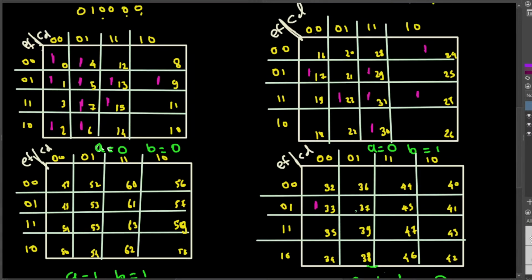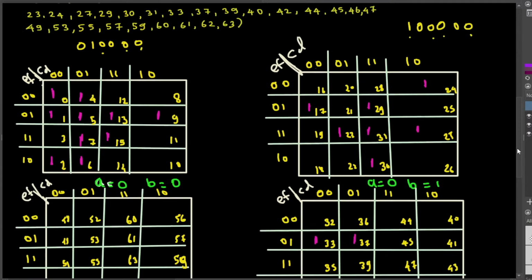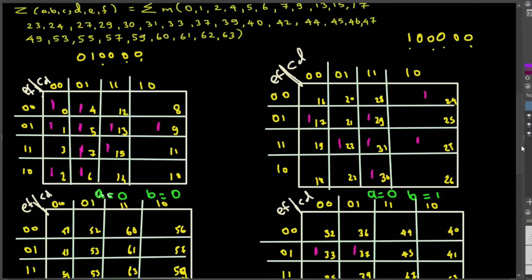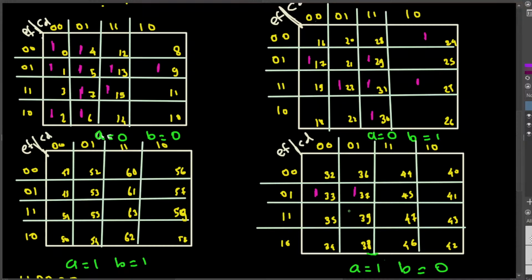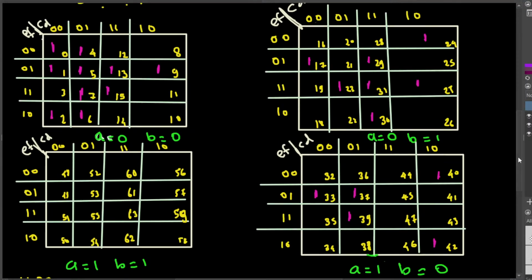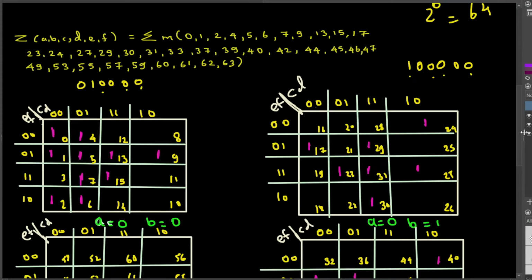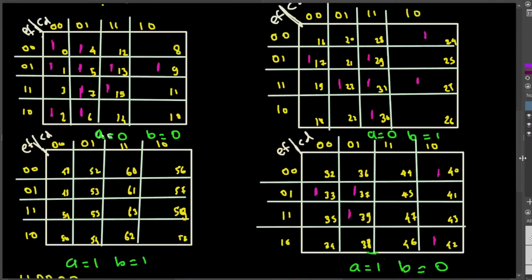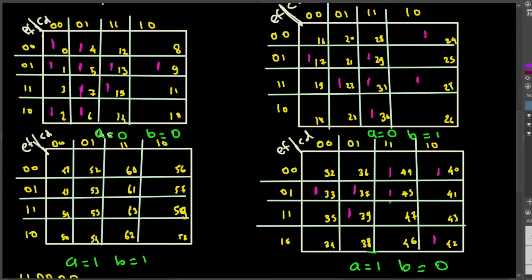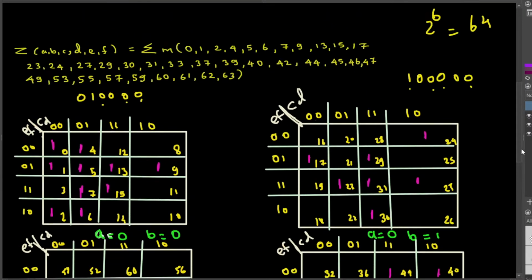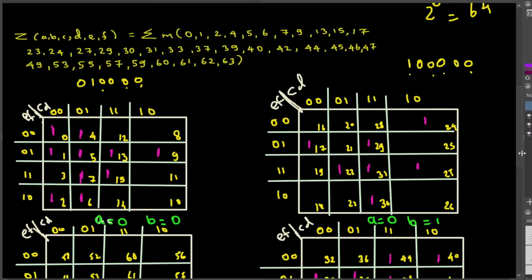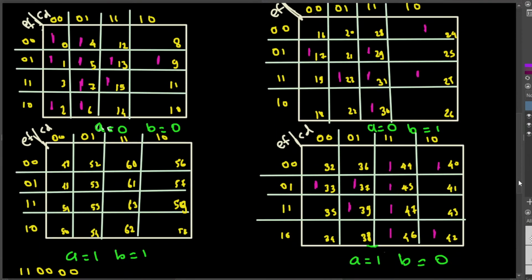Where do we go? Okay, here we go. 37. And 39, 40, 42. And then 44, 45, 46, 47. Then 49, 53, 55, 57.